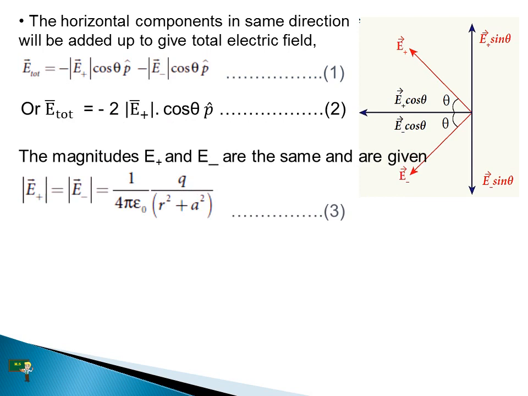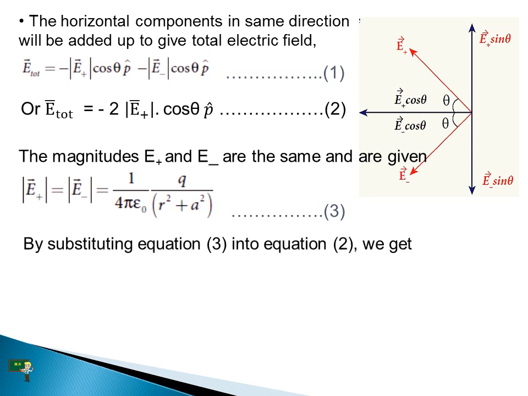The magnitudes of E plus and E minus are the same and are given by: modulus E plus is equal to modulus E minus is equal to 1 by 4 pi epsilon 0 into Q by R square plus A square. Because here we have only one distance, R square plus A square, we don't have those minus values like in the axial line.